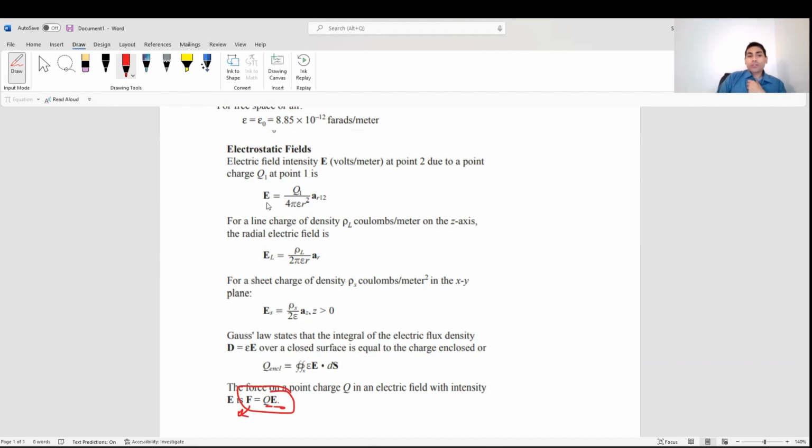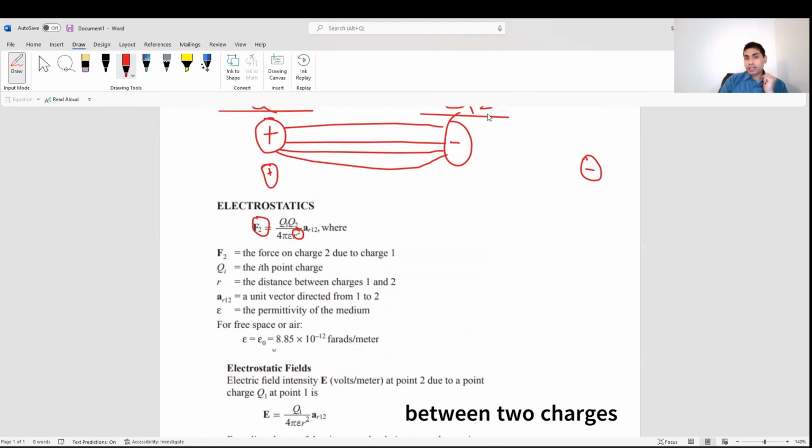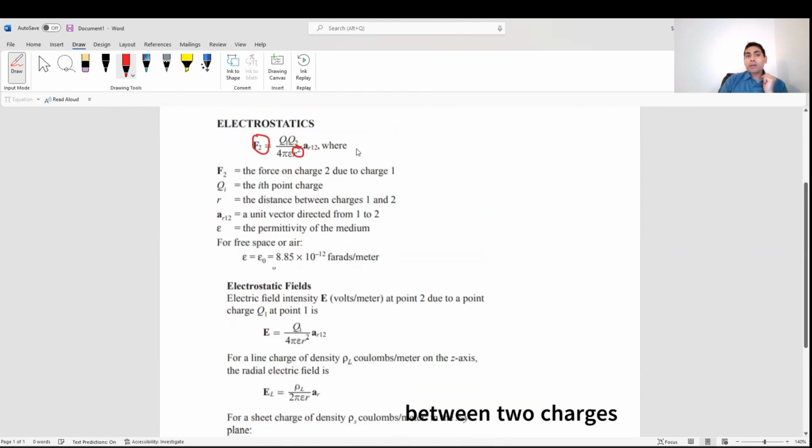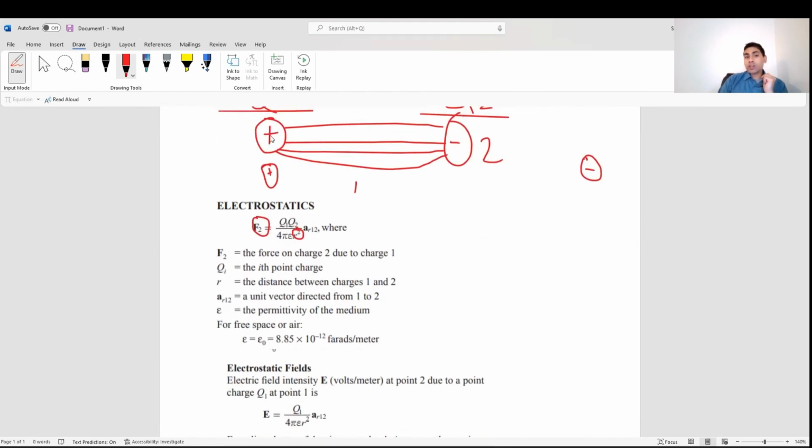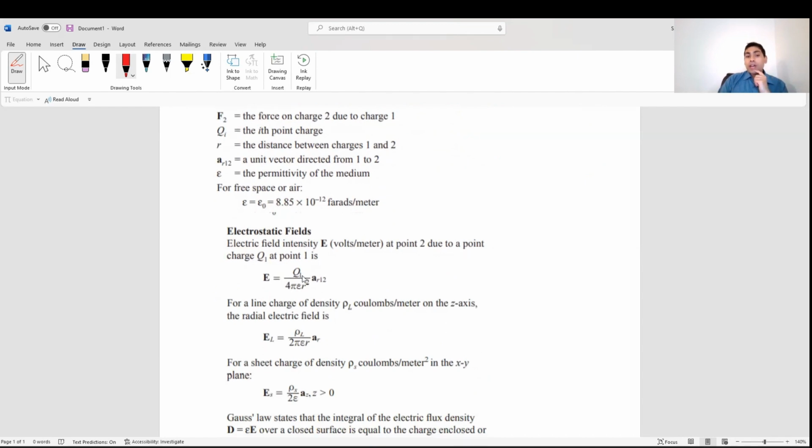Okay. So you're trying to measure the intensity for a single charge, just one single charge. The electrostatic field intensity at point 2 means at this point itself, but due to this charge. So you have to pay attention over here.